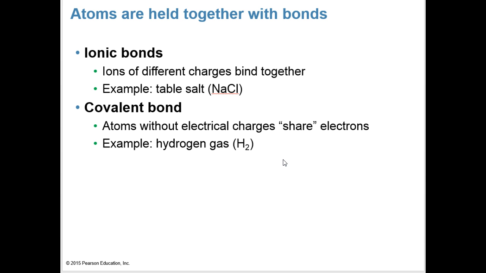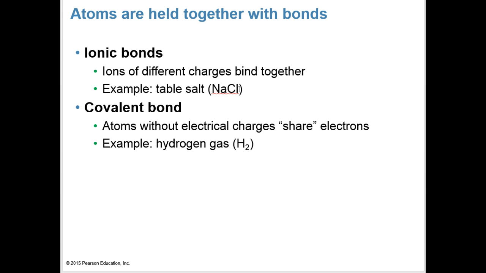Sodium has 1 electron in its last outer level. So it's easy for sodium to give up that last electron to an atom, say like chlorine, which might be nearby, and has 7 in its last level, which is only 1 away from having 8.